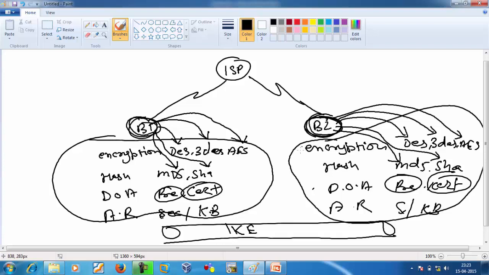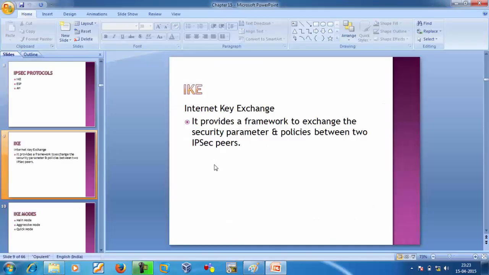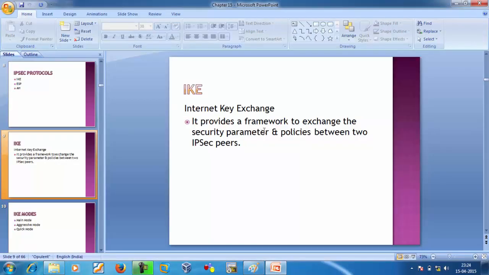So these parameters will be negotiated through IKE. Again I am repeating, IKE provides a framework to exchange the security parameters and policies between two IPsec peers.